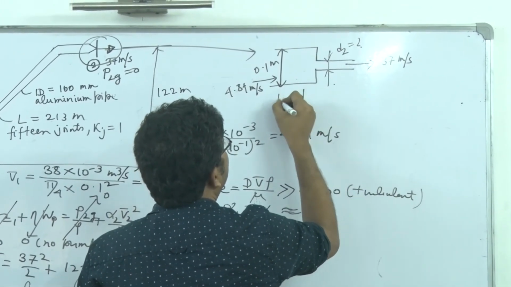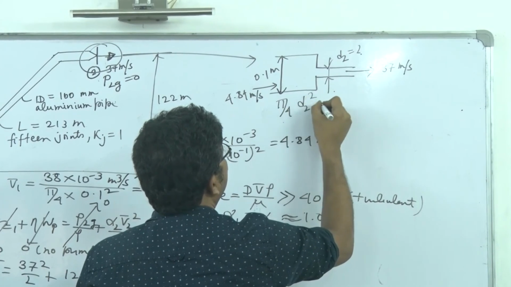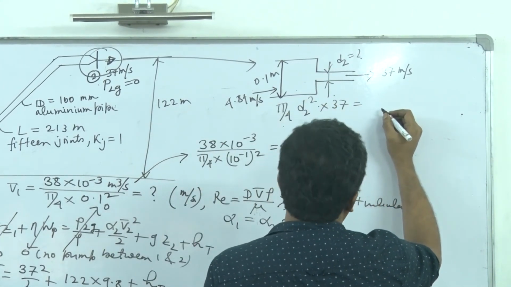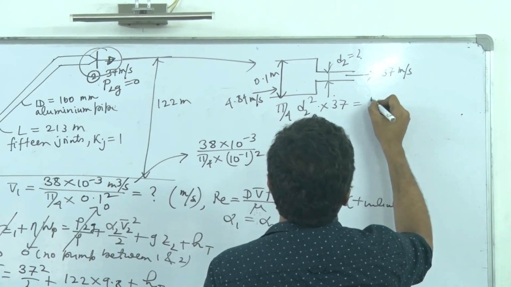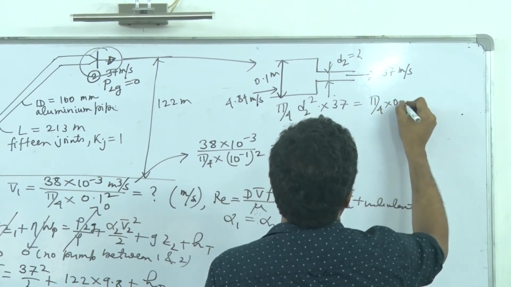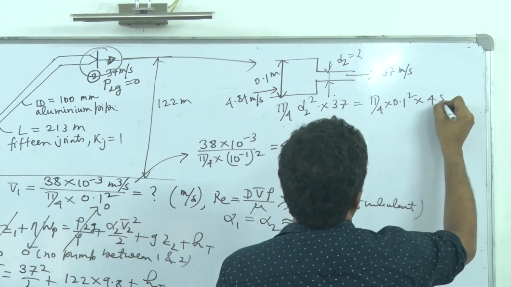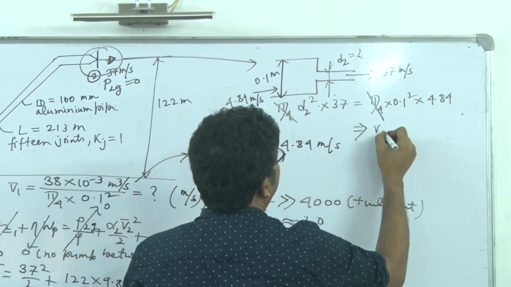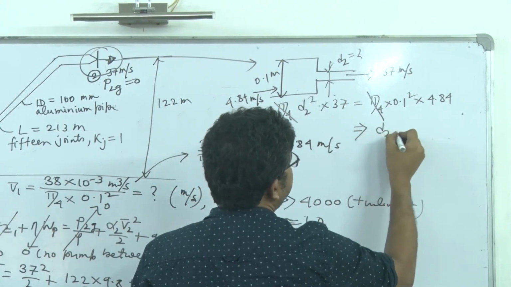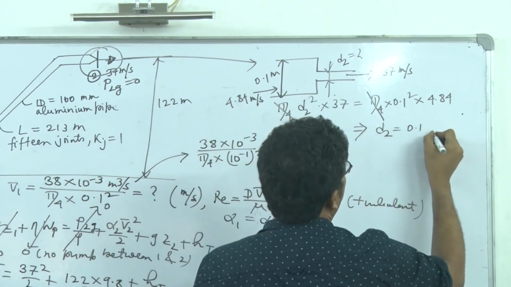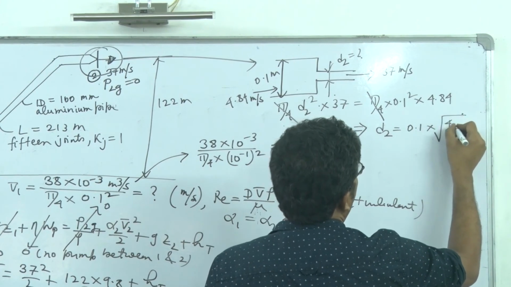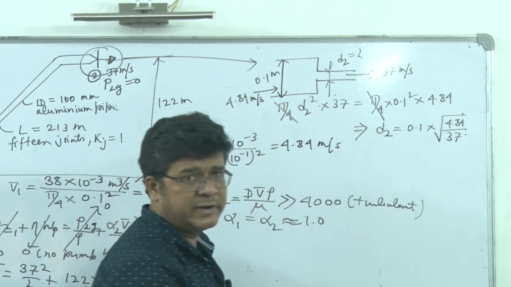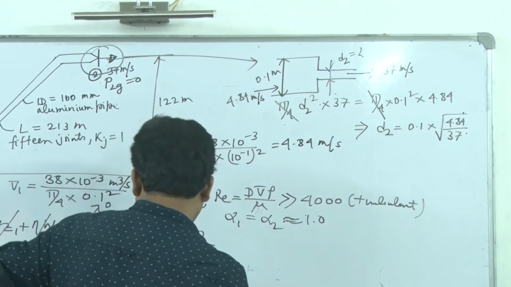We can write pi by 4 d2 square into 37, simple pipe continuity, V1A1 equal to V2A2, equal to pi by 4 into 0.1 square into 4.84. So pi by 4 cancels out, and we get d2 equal to 0.1 under root of 4.84 divided by 37. So d2 has been obtained, right?